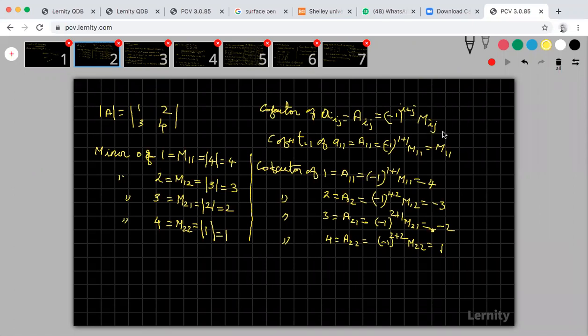What is Mij? Mij is the minor of the corresponding element. So the cofactor is nothing but the minor multiplied by either plus or minus. If you multiply the minor by plus or minus, you will get the cofactor.